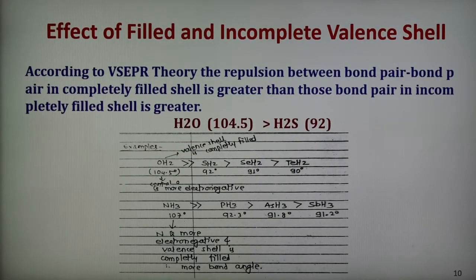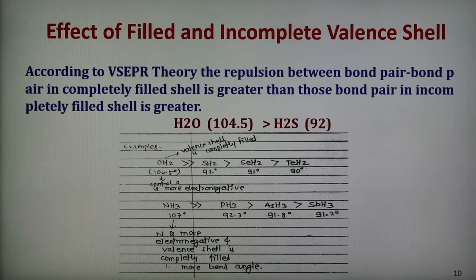Another factor is the effect of filled and incomplete valence shells. As per VSEPR theory, the repulsion between bond pairs in a completely filled shell is greater compared to bond pairs in an incompletely filled shell.